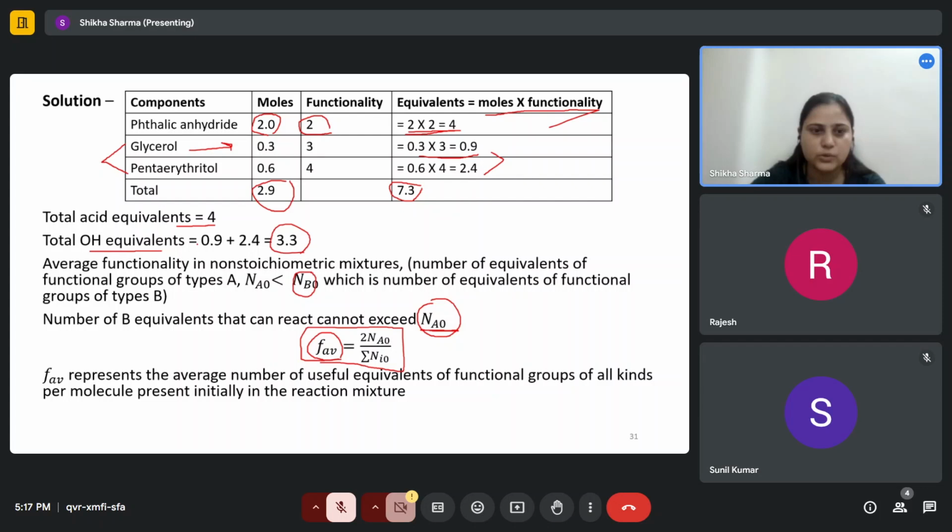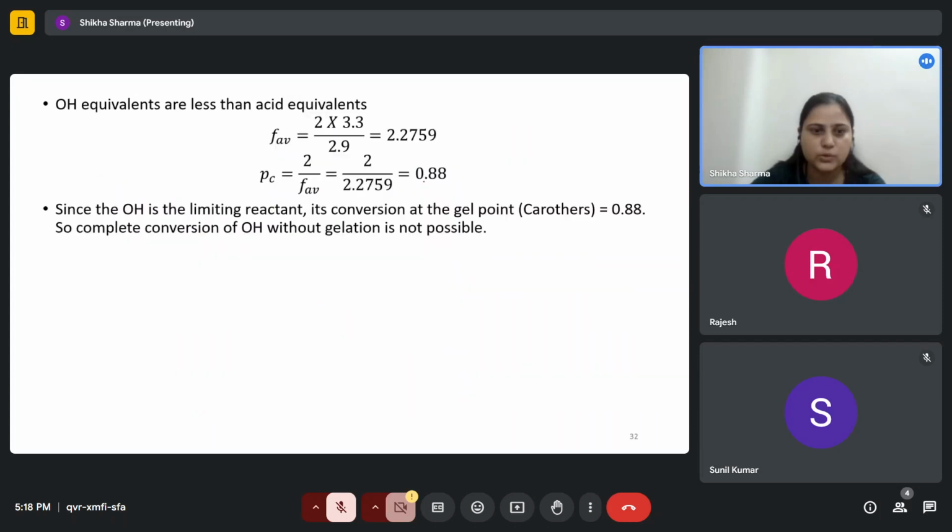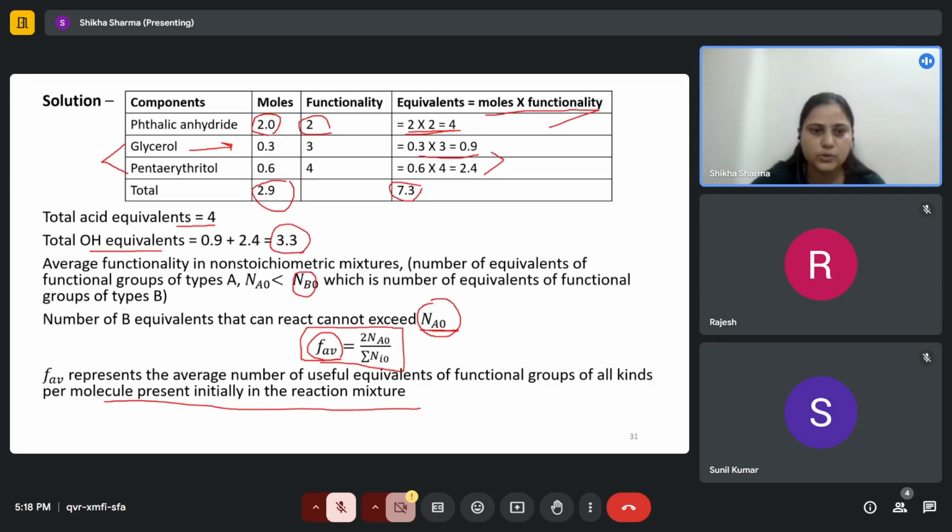So we can apply this formula directly for the average number of useful equivalents of the functional groups of all kinds per molecule present initially in the reaction mixture, which is nothing but 2 into N A naught over the summation of the total number of equivalents, right? So FAV equals 2 into 3.3. Why are we taking 3.3 here?